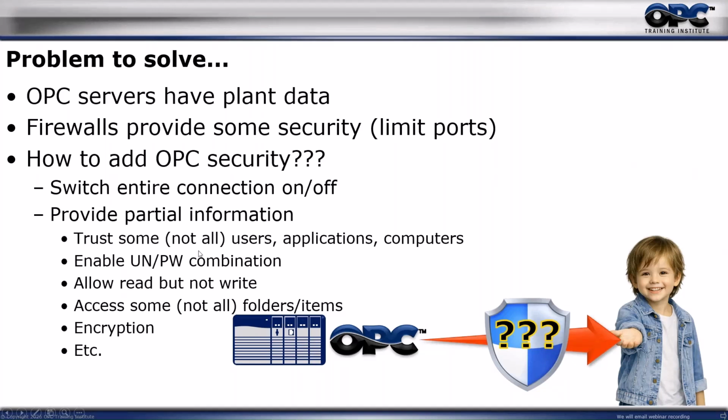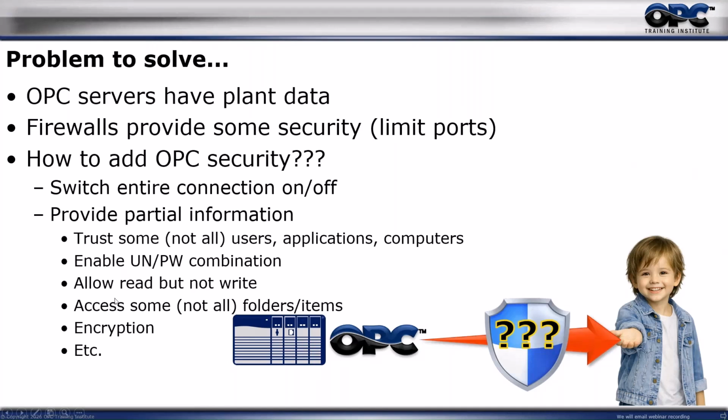How do I trust some, but not all of the computers or devices that are connecting to me? Also, how do I create my own username and password, an OPC username and password, not a Windows username and password, or not an operating system username and password, but rather a username and password that I create myself in OPC, an OPC username and password.